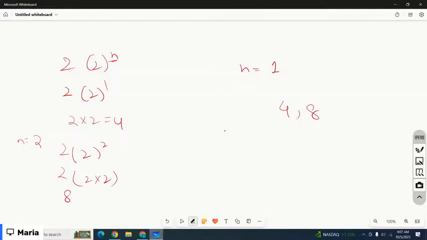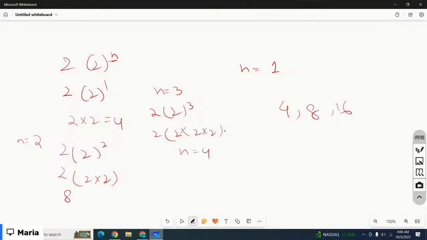Got it? Okay, the next one is n equals 3. Replace the n with 3. So it is 2 times 2 exponent 3. 2 exponent 3 means you need to evaluate 2 times 2 times 2. So that would be 8. 8 times 2 is 16. The next term in the sequence is 16, right? For the next one, put n equals 4.